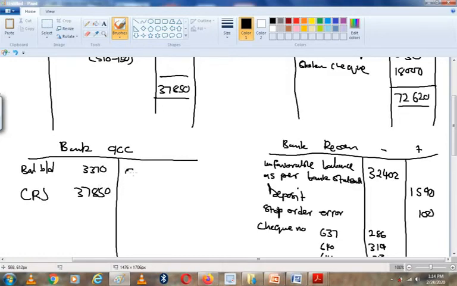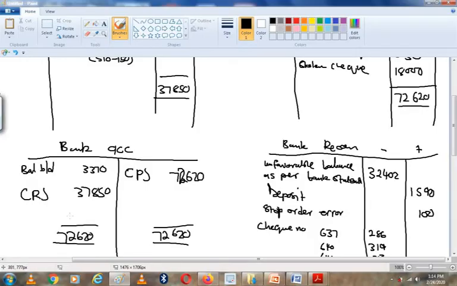And then the cash payments journal, you transfer the total to the general ledger on the credit side of the bank account, 72,620. And then the total of the bigger side, which is the credit side here, 72,620, is on both sides.